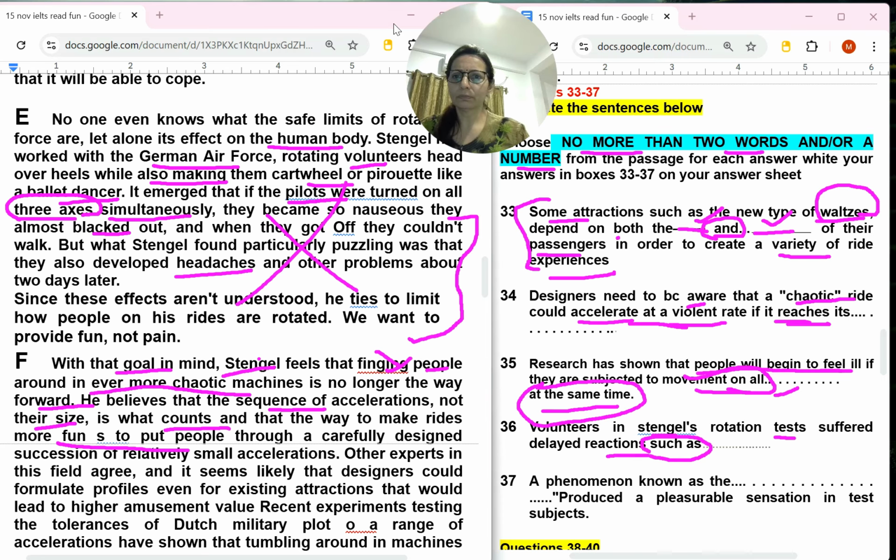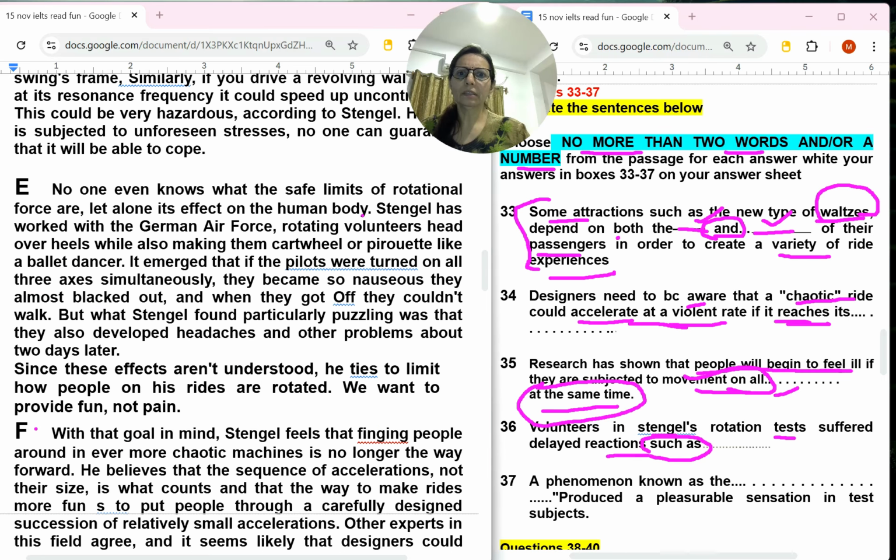Let me shift the page. Stengel, volunteers is here. Okay. So rotation is also here. So what they feel: rotating volunteers head over heels while also making cartwheels, so many sentences they have combined for this here.